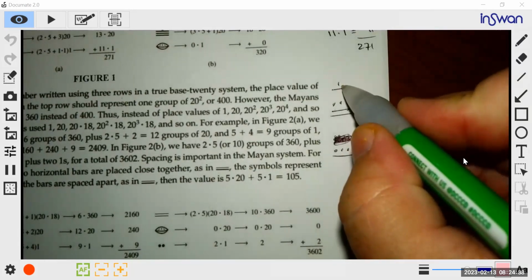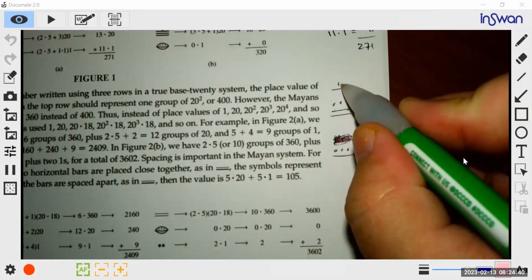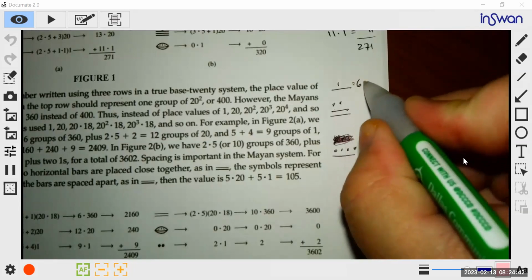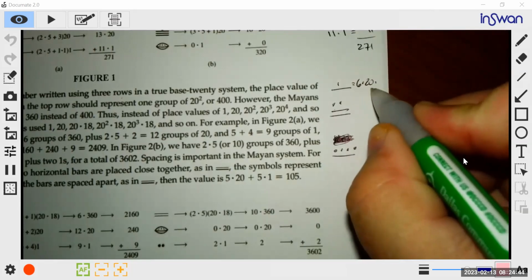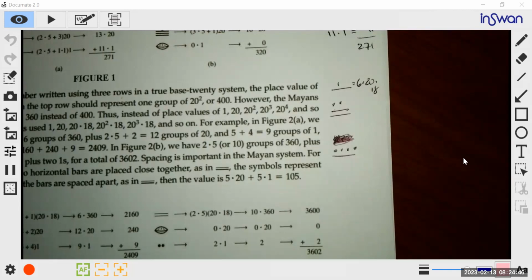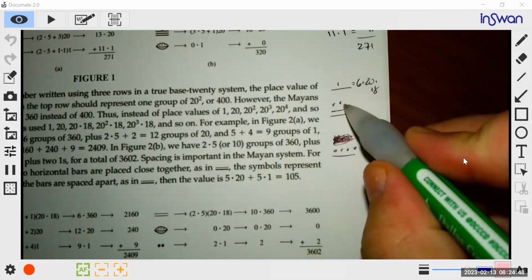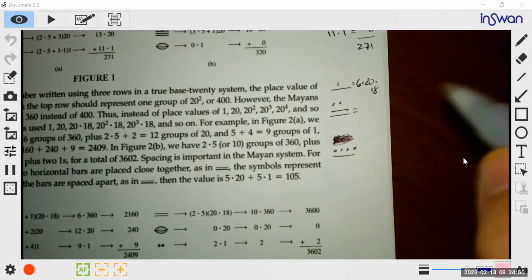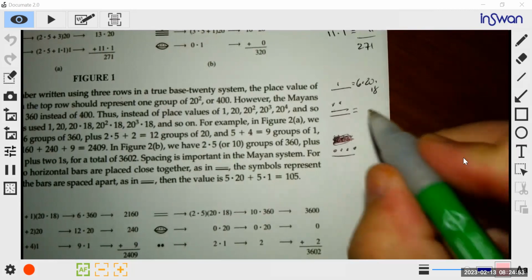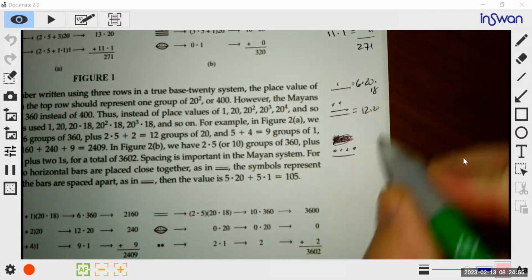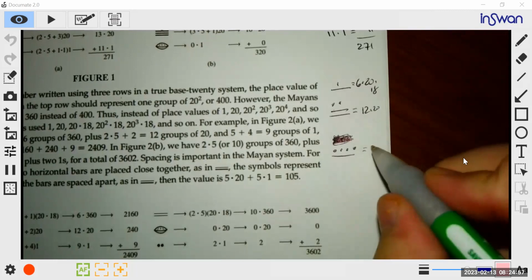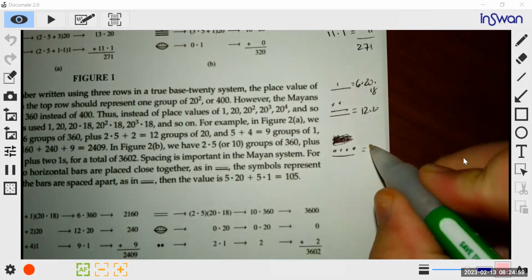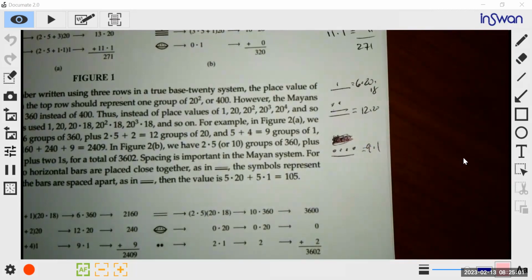Remember, it's 3. I mean, it's 6. So it's 6 times 20 times 18. This is the next level. So it's a what? 12 times 20. And this last one, 9 times 1, which is 9.